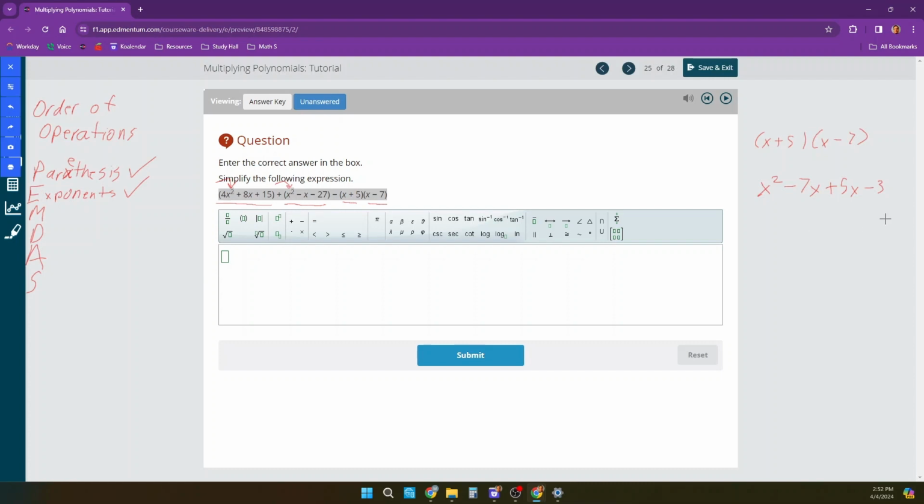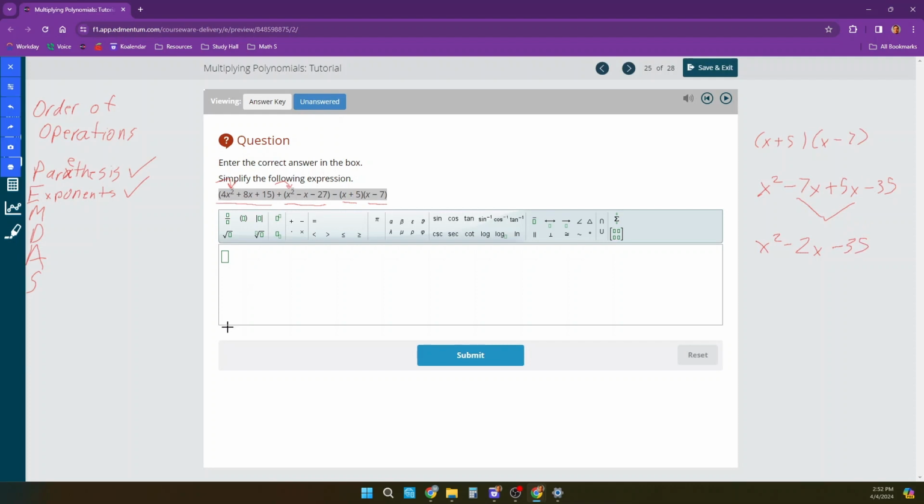That being said, I have two like terms, so this is going to turn to x squared minus 7x, or excuse me, that's going to turn to x squared minus 2x, because negative 7x plus 5x is negative 2x, minus 35.